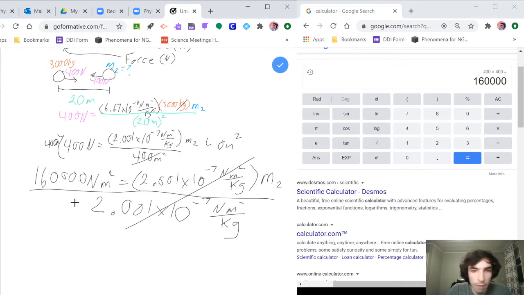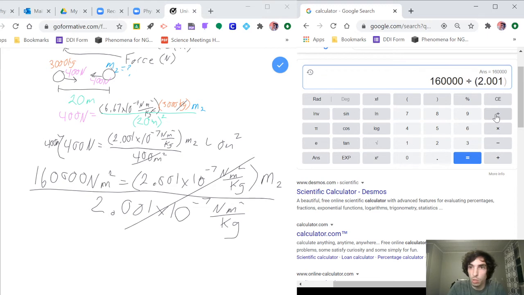And then on the left side, we can go ahead and plug this in. So we've got our 160,000 divided by, and I'll put it in parentheses, 2.001 times 10 to the negative 7th. And what we are left with is a huge, ridiculous mass.